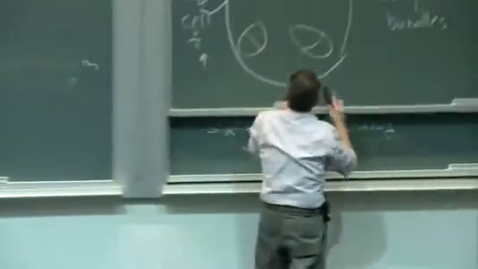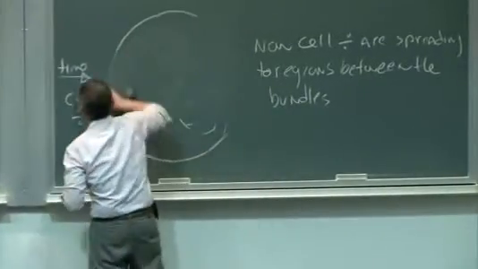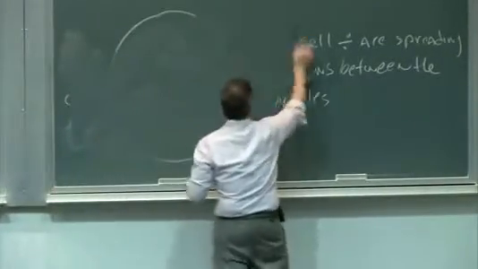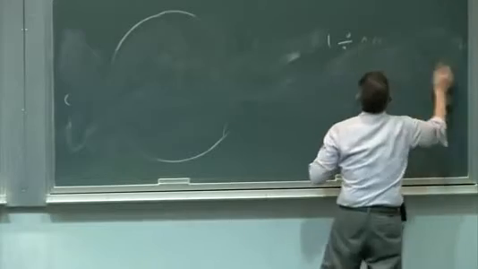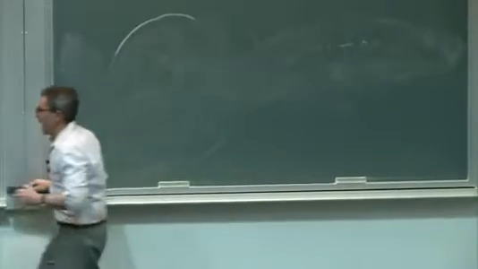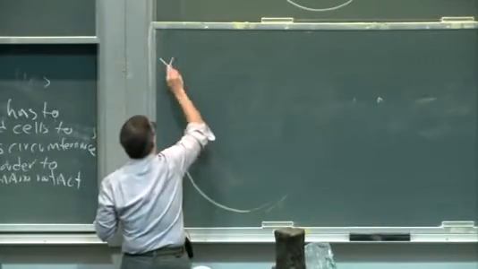So for this discussion, we're going to look at a tree which is now making secondary xylem, and what I'd like you to do is going to be sort of dynamic. We're going to start off with a cross-section of a tree.